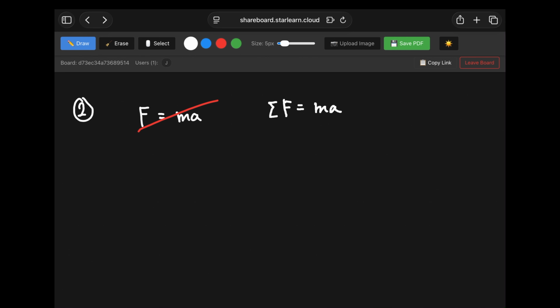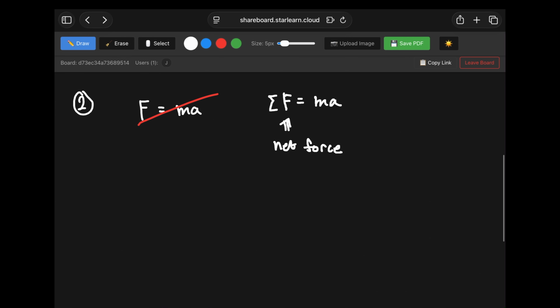So you can't just say this force equals ma, this friction equals ma, gravity equals ma, normal force equals ma. Those are wrong. You have to add up all the forces that are acting on an object, and then the sum of the forces, which is sometimes called the net force, is equal to ma.